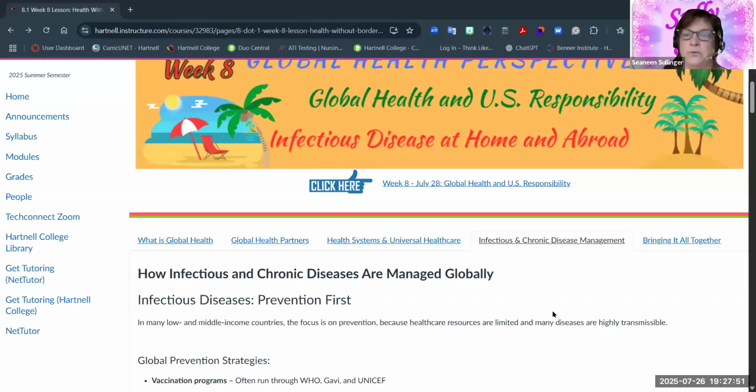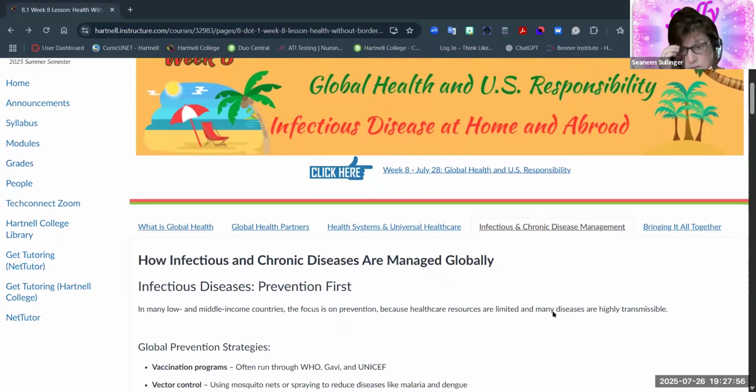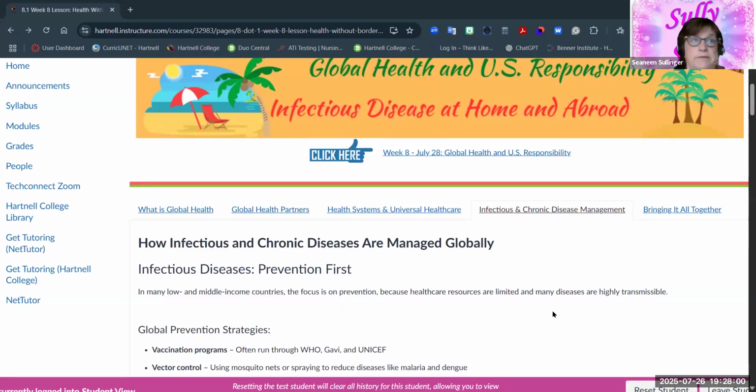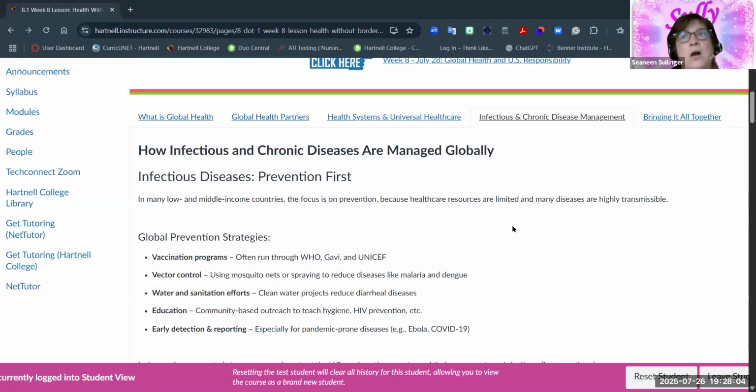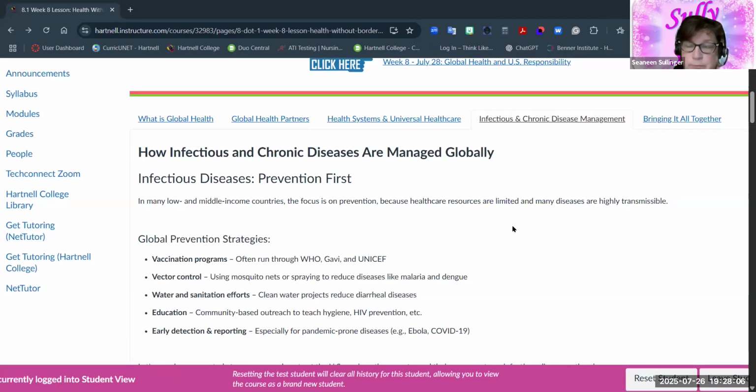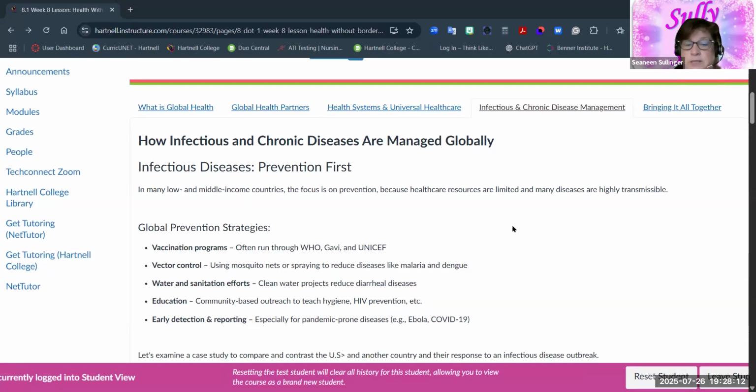And so we're going to look at these health systems in terms of how they manage infectious and chronic diseases. We had earlier defined infectious diseases. If you think prevention first, which is what many of the countries are doing, that would include vaccination programs, having access to vaccinations.